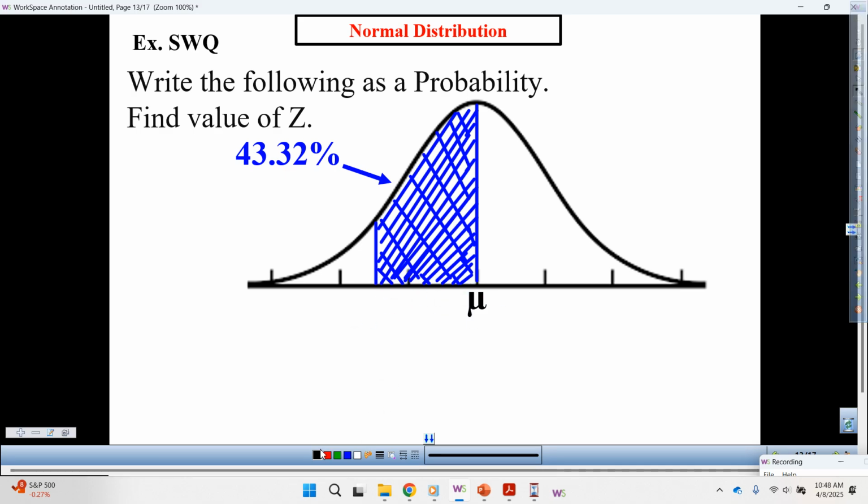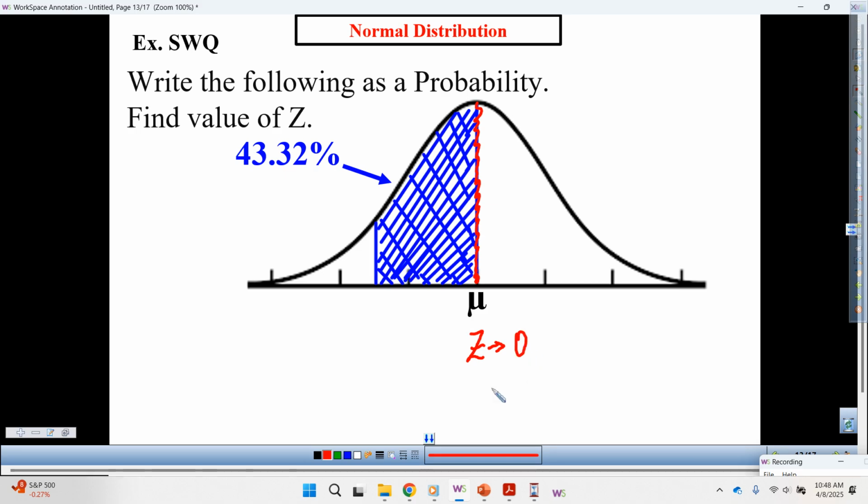Question, don't we have the first one already? Tell your neighbor what this Z is worth. We're talking about Z, not percentages right now. What is that Z worth? 0. That is correct.